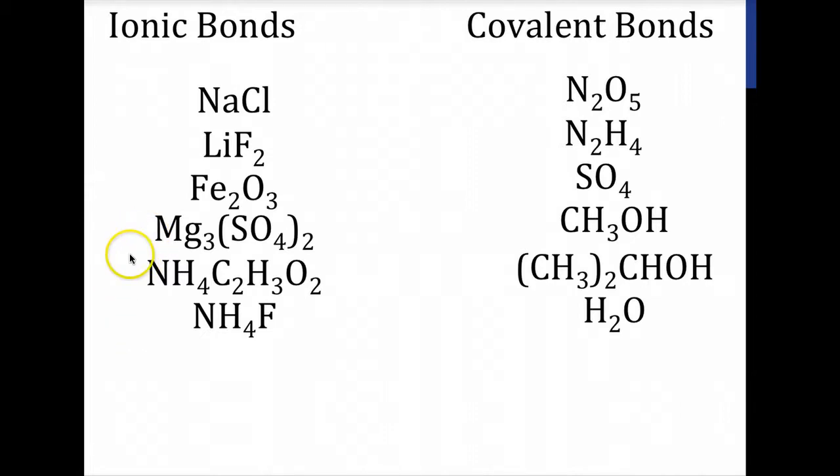Okay, now this next example here, you might look at this and say, well, this is nitrogen. That's nonmetal. Hydrogen is nonmetal. Carbon is nonmetal. And oxygen is nonmetal. So this is a covalent bond. But if you were to say that, that would be incorrect. Because remember, we have this list of elements that come together and bond together that have a charge.